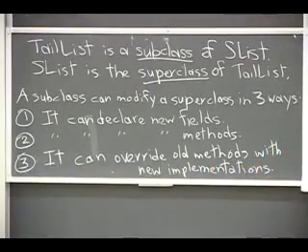That, for instance, is where we're going to get our performance advantage out of taillist. We're going to make taillist faster by changing a few of the methods so that they use that tail pointer.